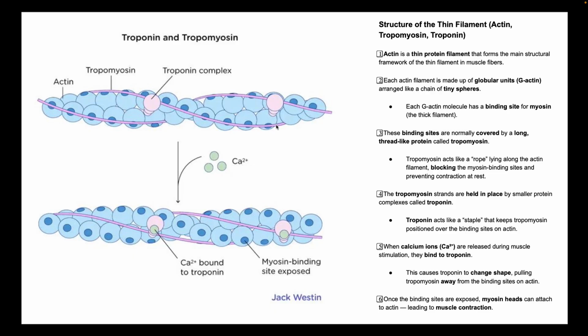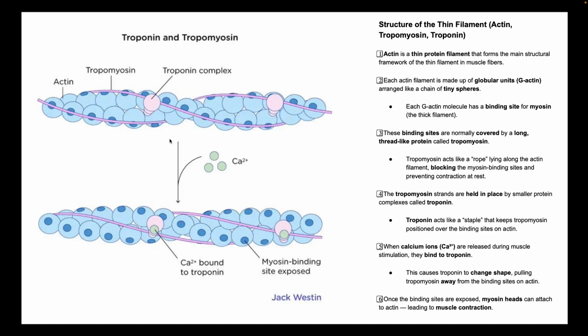You could see it's a long strand, a bit like how our DNA structure looks. It has a lot of spheres chained together, globular units, and these have binding sites. The binding sites are covered by the tropomyosin, and the tropomyosin is held in place by the troponin complex. That's the troponin protein.